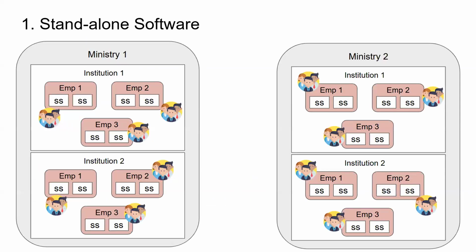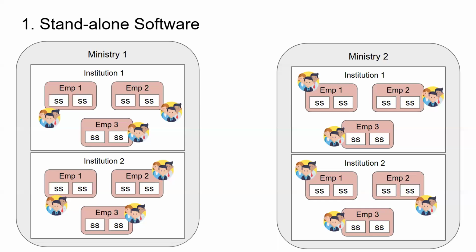Right, then here you will see, I try to explain the situation using standalone software. Suppose there are two ministries, and in each ministry there are institutions, institution 1 and 2. There may be many institutions, and there are employees, right? The EMP represents an employee.